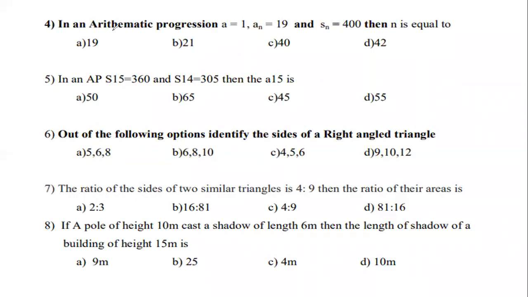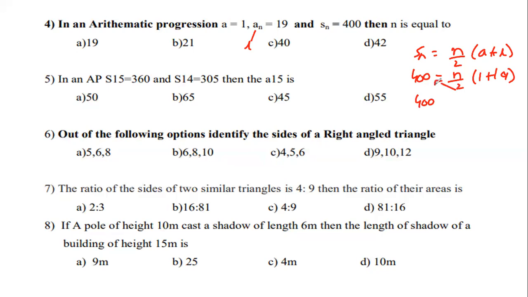Next, the fourth question: in an arithmetic progression, a is equal to 1, an is equal to 19, and Sn is equal to 400. Then n is equal to dash. You need to find the n value. Here the last term is present, this is L. Directly apply the formula Sn is equal to n by 2 into a plus L. Sn is 400, equal to n by 2 into a value 1 plus L value 19.